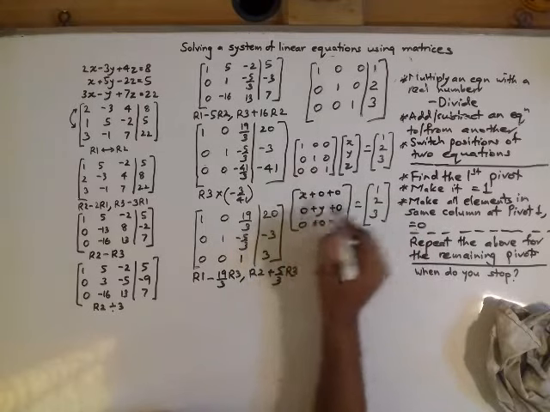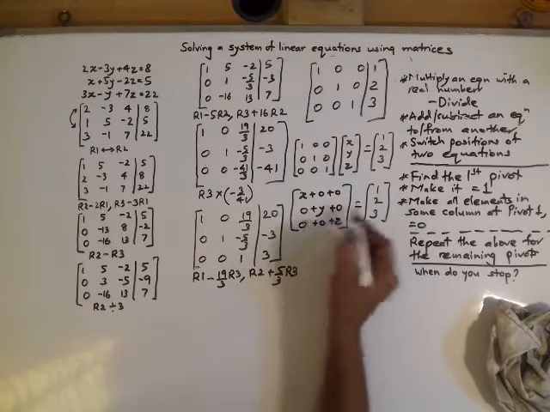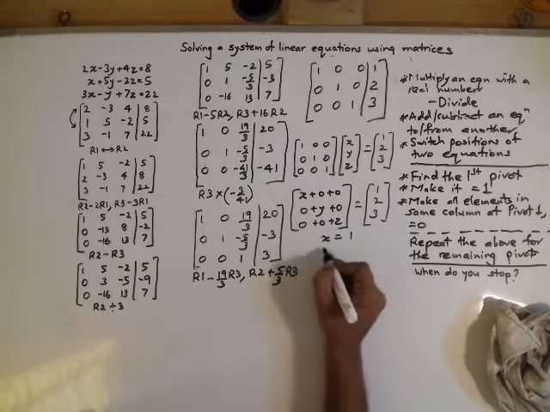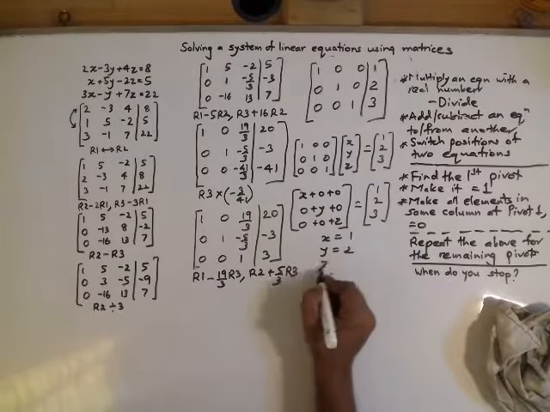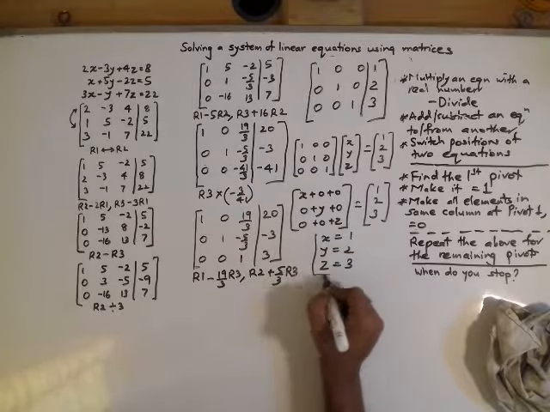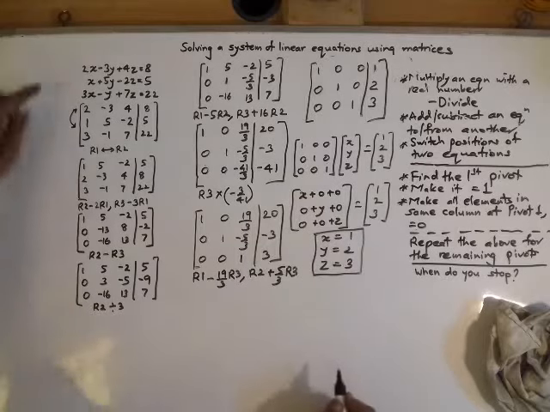If you compare these elements of these two equal matrices, you get x equal to 1, y equal to 2, z equal to 3. So we believe this is the solution to these equations.